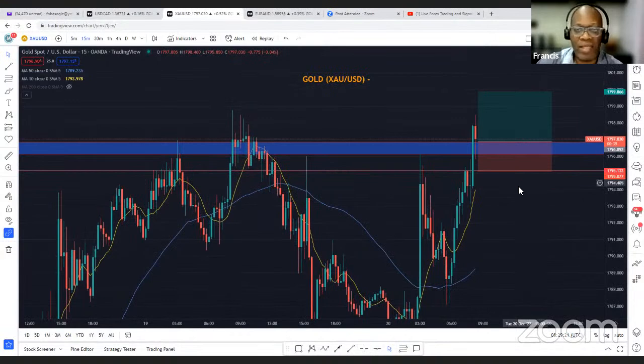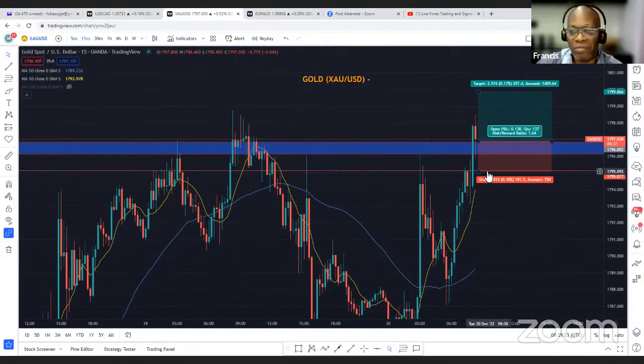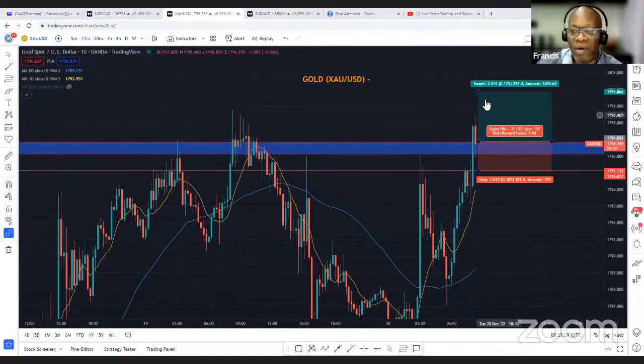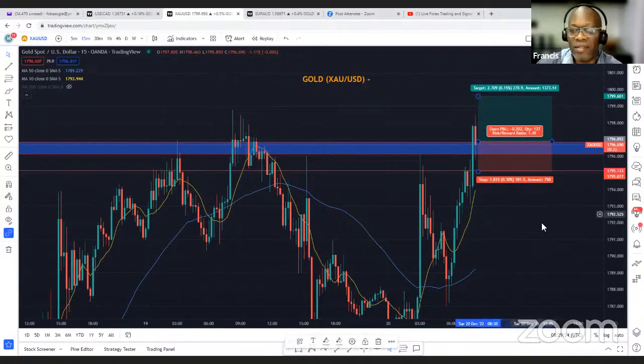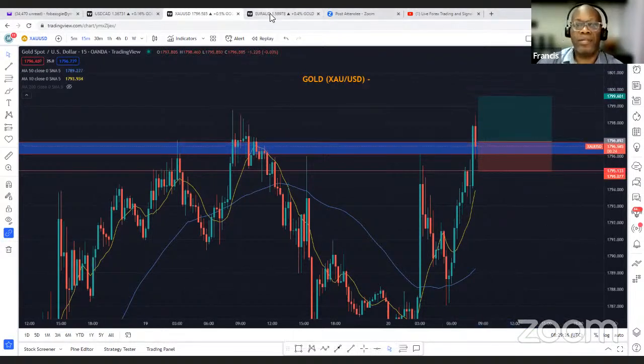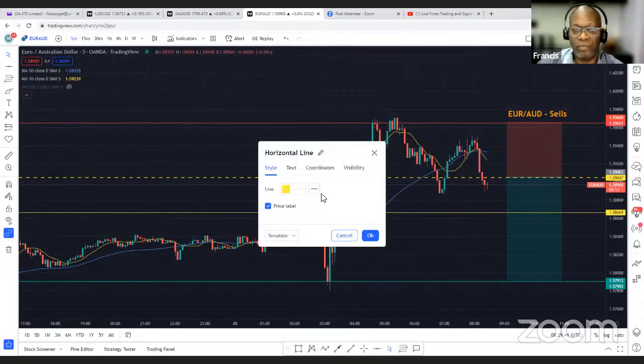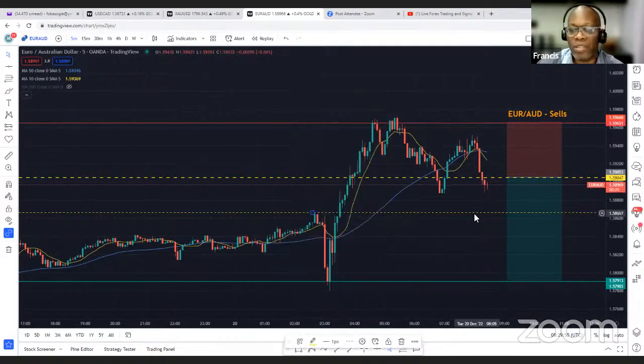I would enter where it is now, place my stop loss there and target somewhere there, 1.5R. But let's focus on this one. Let's focus on Euro Aussie dollar.